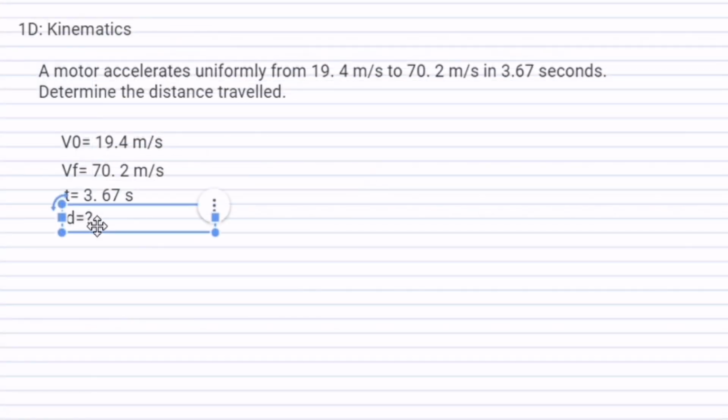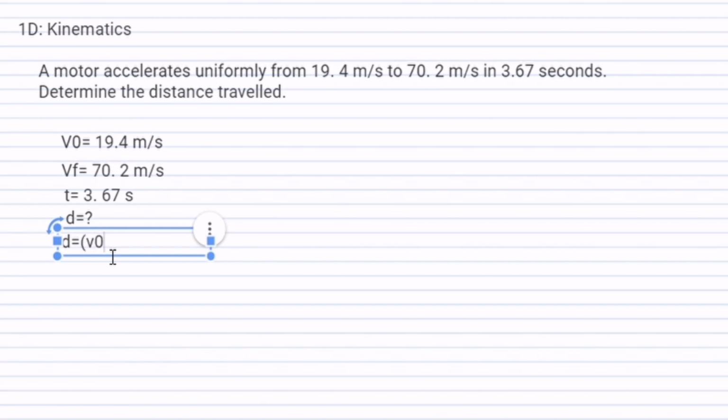But first, this is the formula that we're going to use: distance equals V0 plus Vf over 2, times time.